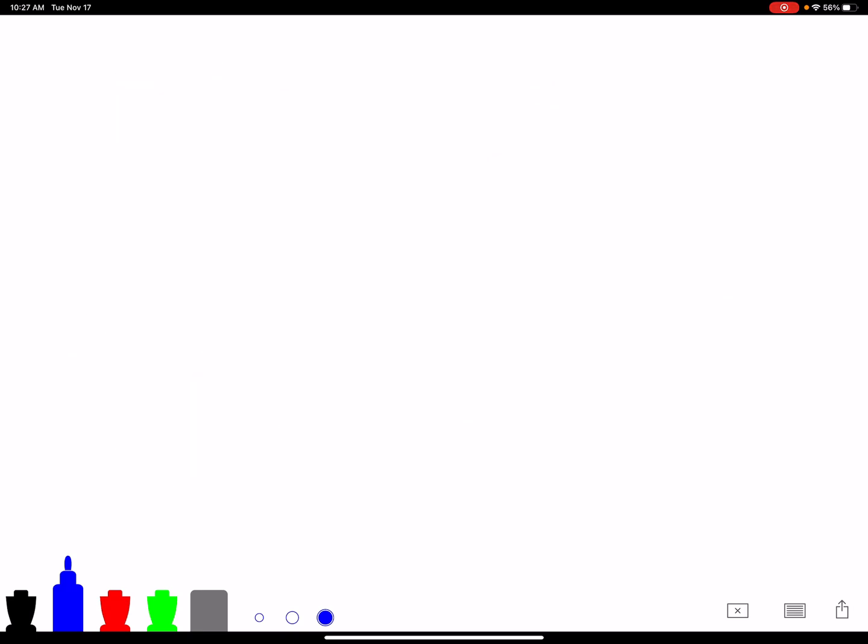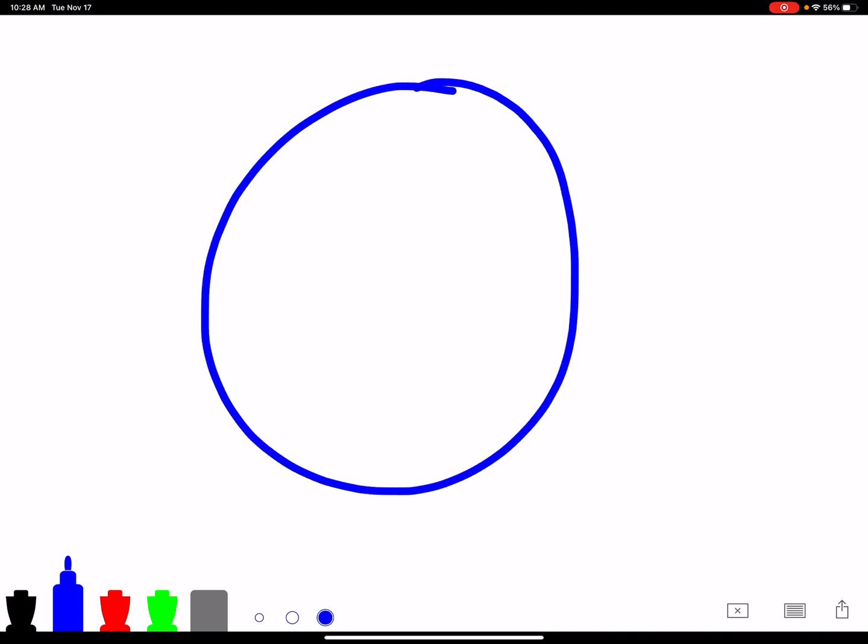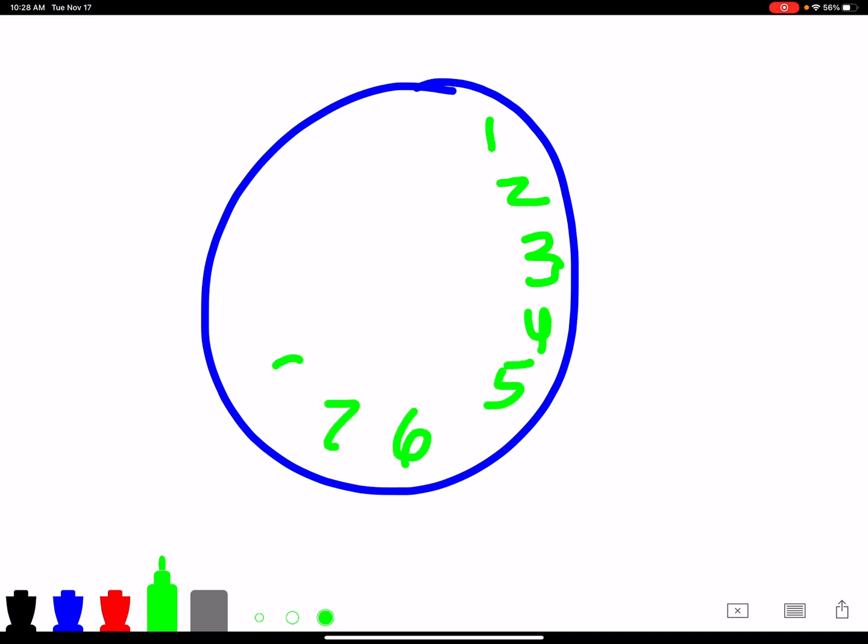So I briefly touched upon how to tell time in the live Google Meet sessions, so I'm going to go briefly over it today. Remember, you see a clock, right? And there's 1, 2, 3, 4, 5, 6, 7, 8, 9, 10, 11, and 12.